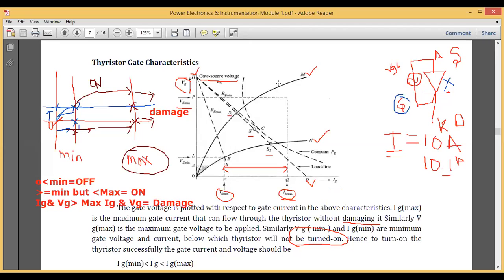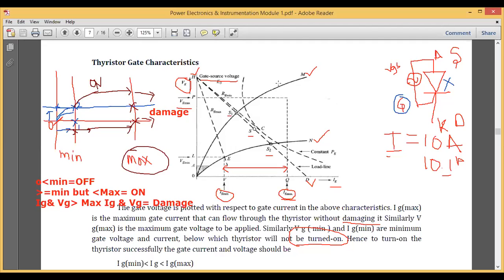There you should consider that the voltages we apply at the gate terminal, with respect to the voltage or the gate current, should not exceed the maximum current or the maximum voltage. If we exceed, it will damage your application, it will damage your fan, it will damage your motor.